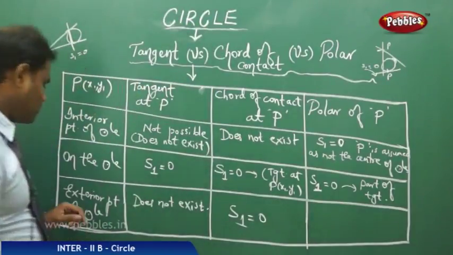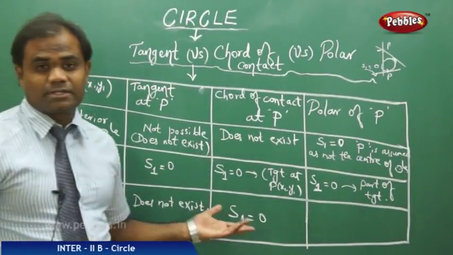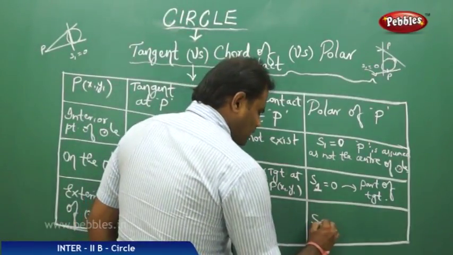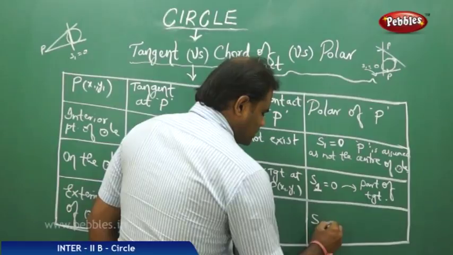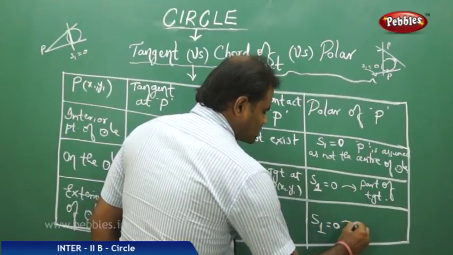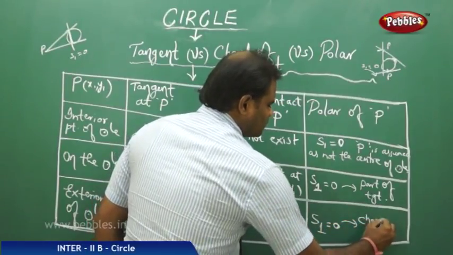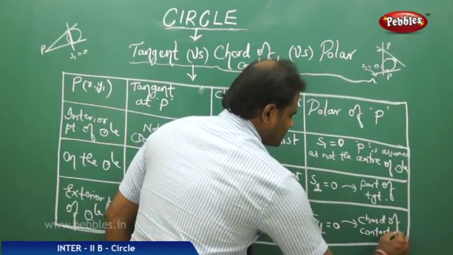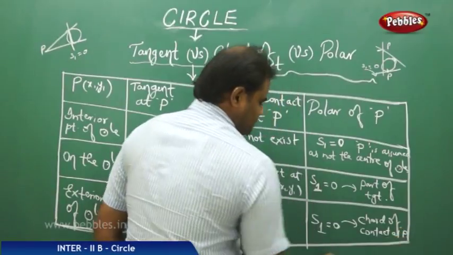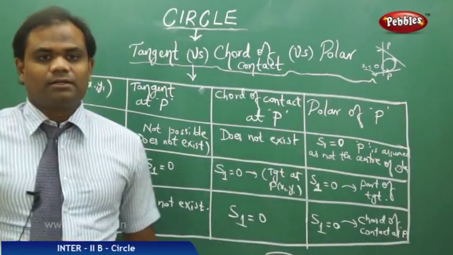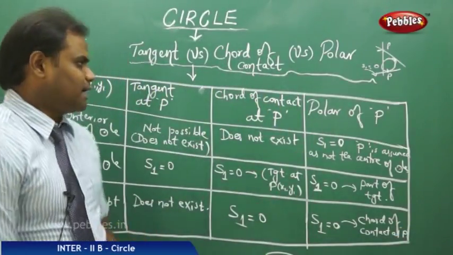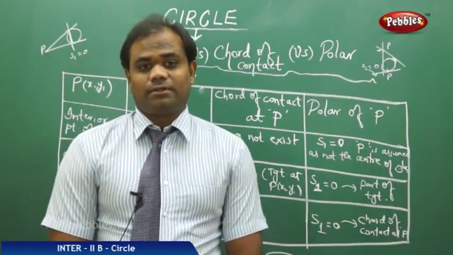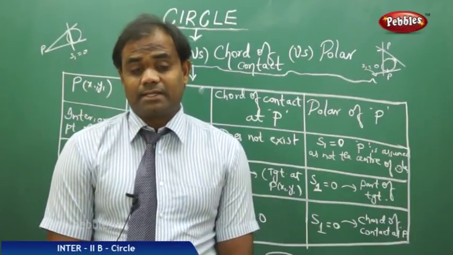Similarly, the polar of P for an exterior point we have seen in the previous case is nothing but the chord of contact. That is, it is given by the formula S1 equal to 0, but the polar of a point outside the circle is nothing but chord of contact at P. Is how I understand the three cases for a tangent, the chord of contact, and the polar of a point with respect to the circle S equal to 0.